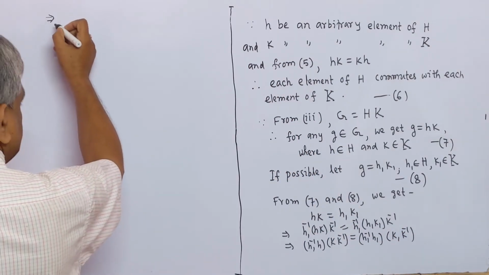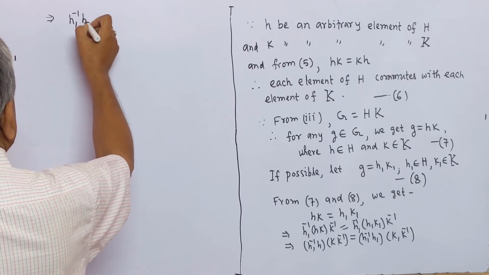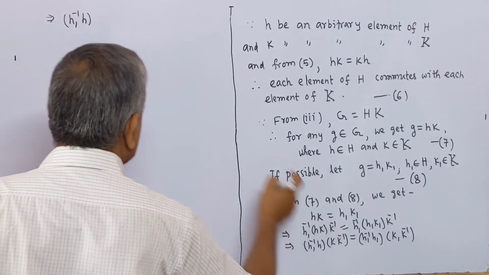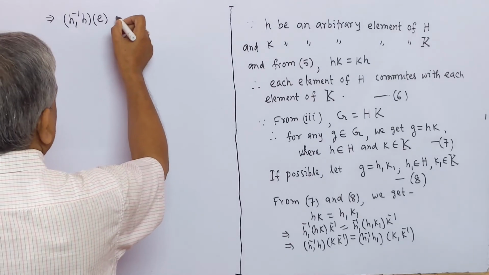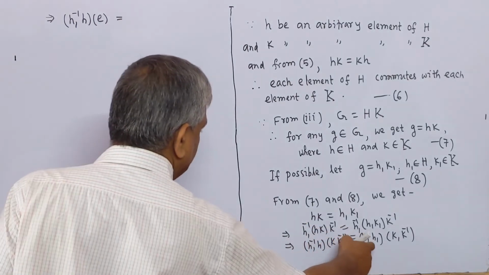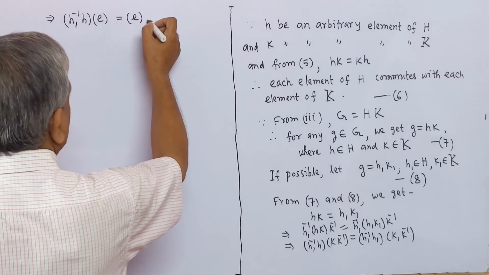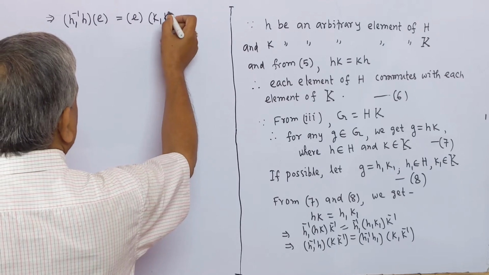This implies that h1 inverse h k k inverse, which is h1 inverse h, equals h1 inverse h1, the identity element, times k1 k inverse.